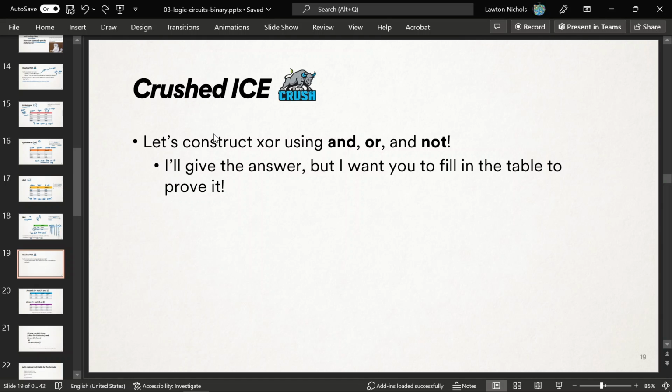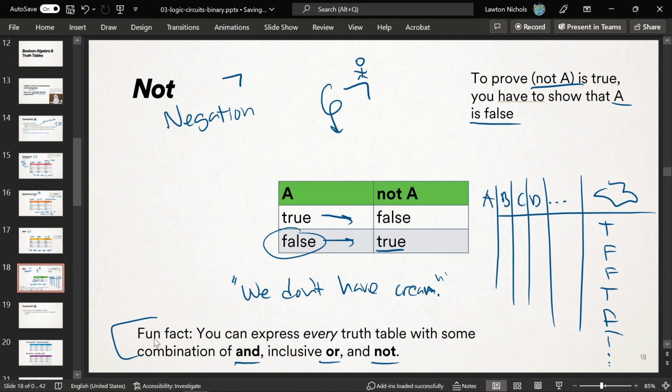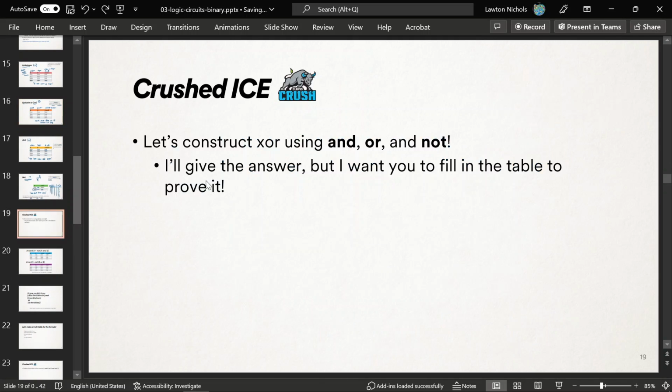Here is the idea. I'm going to show you how to make exclusive OR using AND, OR, and NOT. You do not need exclusive OR by itself. You can always create it from the three building blocks. These three are building blocks. Exclusive OR can be created as a combination of AND, OR, and NOT. Let me show this to you.